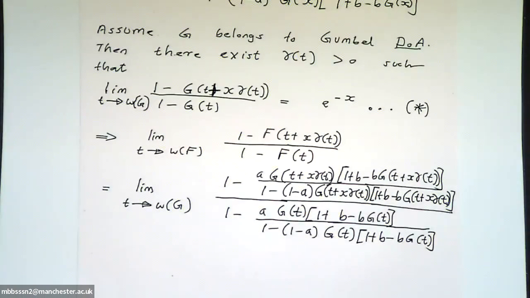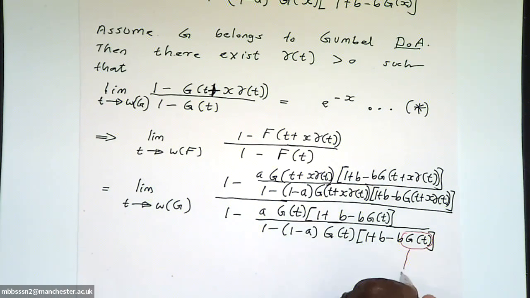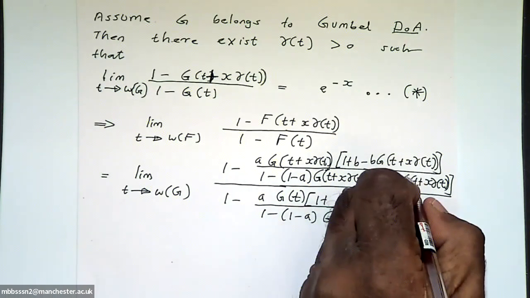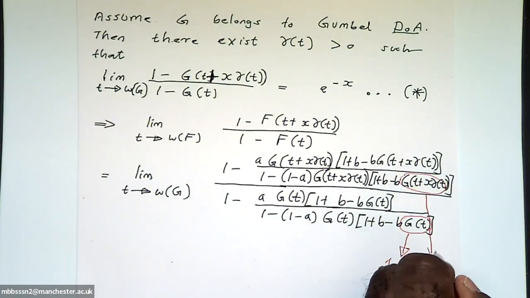Now if you take the limit as t goes to WG, you see quite a few things happening, right? This guy here will go to 1, and so is this one, so is this one. It will also go to 1.